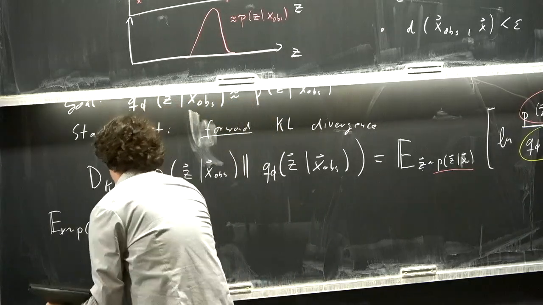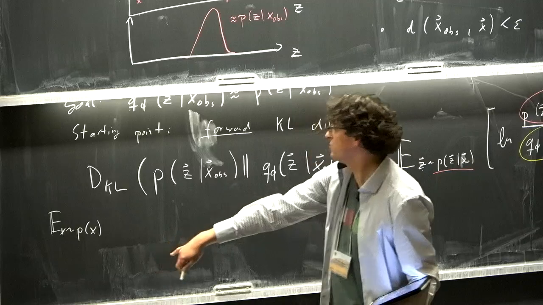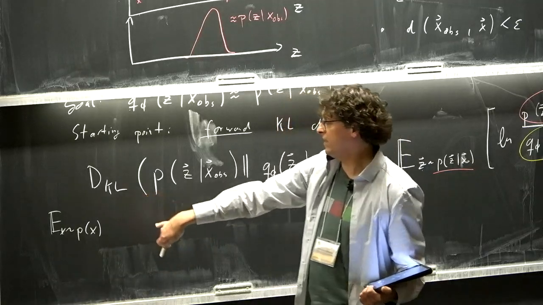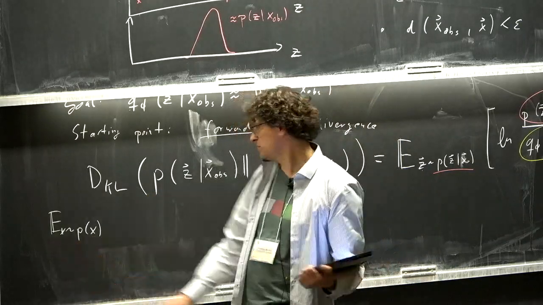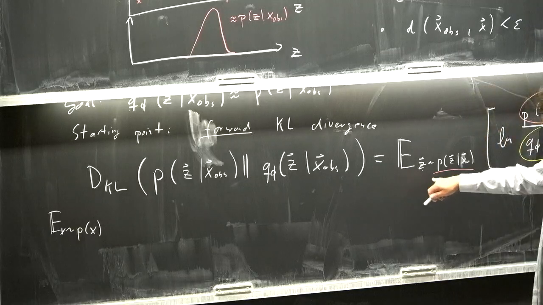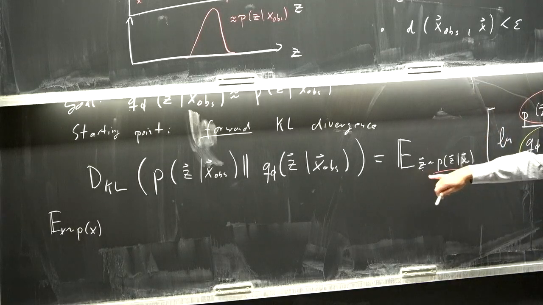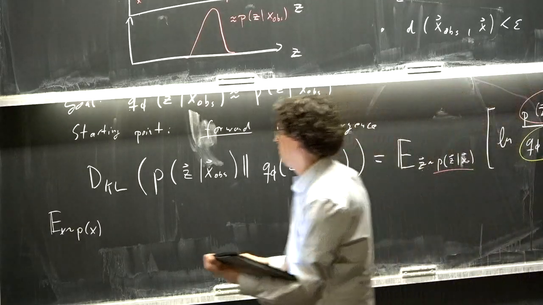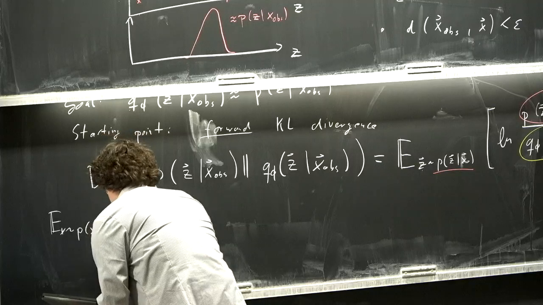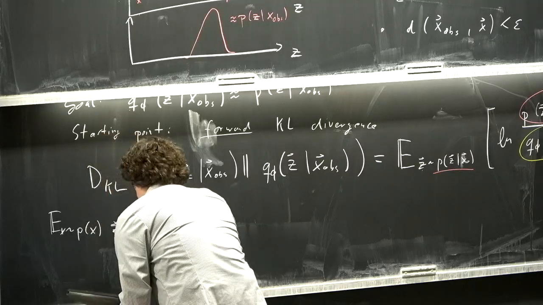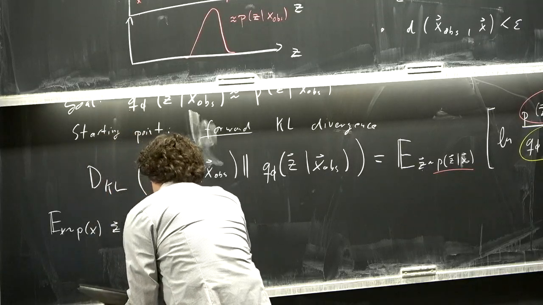So we can write now the expectation value of the KL divergence over samples from X, and combine this with the expectation value over samples from the posterior given this X, right?